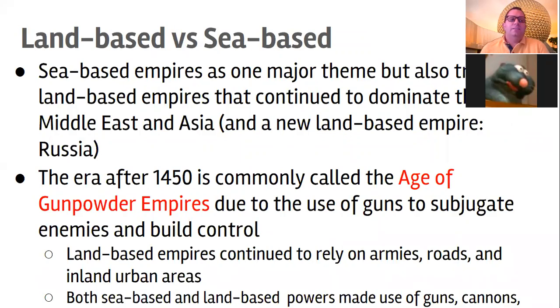And so the land-based empires, you again are often going to hear them called the gunpowder empires. Now, don't misunderstand that though. The maritime empires still used guns. They still had cannons. But the gunpowder empires are often going to refer to these land-based empires.